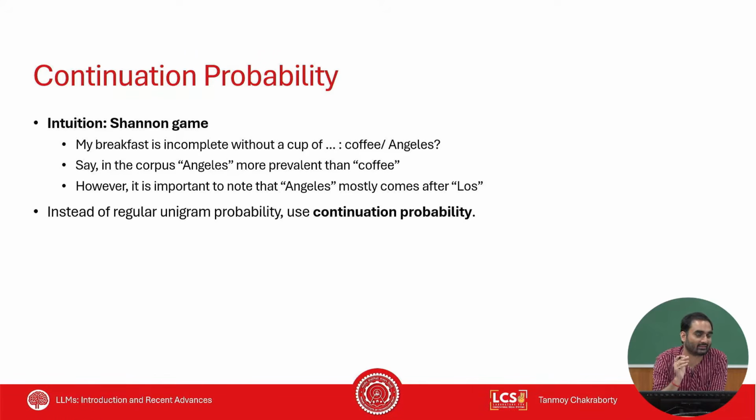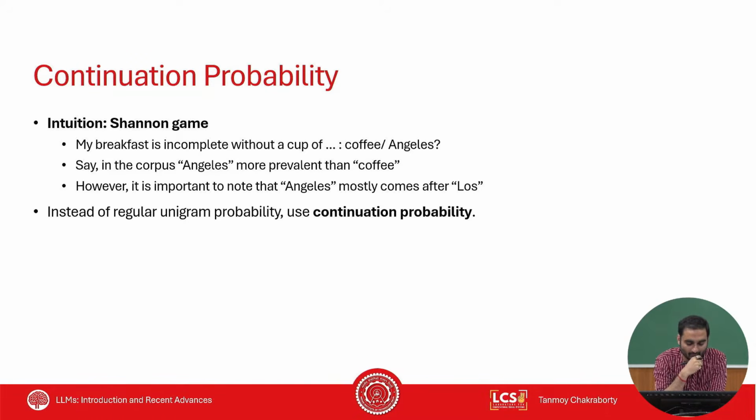Now let's say there is a document related to the US, where the words Los Angeles appear many times. Then obviously the word Angeles will have high frequency, a high unigram count. So whenever you sample a word from the unigram distribution, it is highly likely that the word Angeles will be sampled.